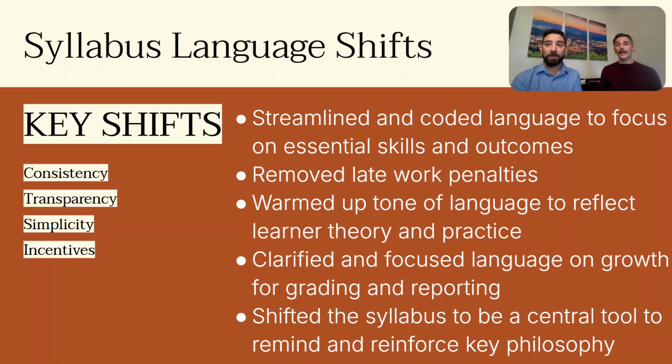The syllabus became a tool for our students to take to their parents to remind them about the policies and procedures, so that we could be speaking the same language amongst that whole team of support, right? Because we had to realize that we were also shifting parent mindsets.